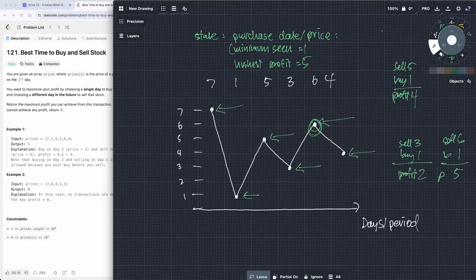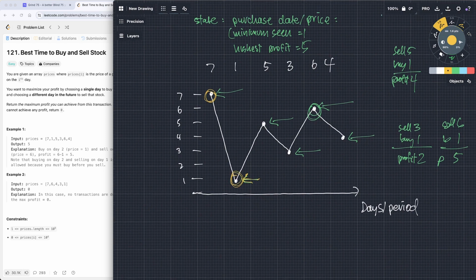So in this example, the first minimum right here, I guess 7 would be a minimum. So maybe 7 is our first minimum. We see that 1 is a lower minimum. So in terms of logic, as we're iterating, I'm going to type in iteration.